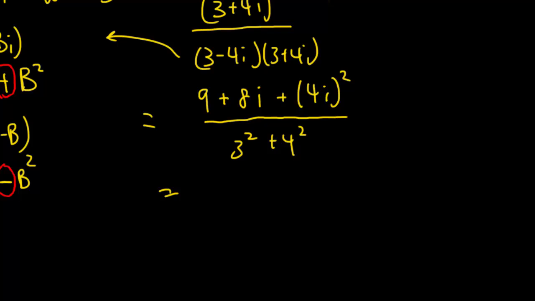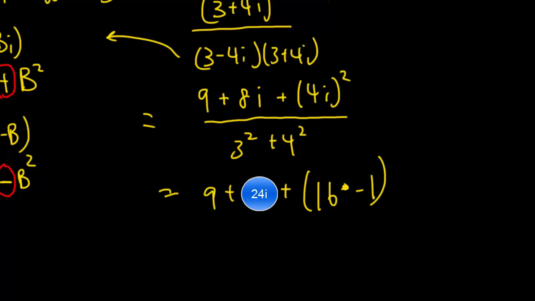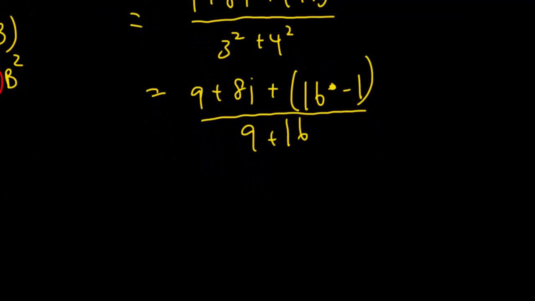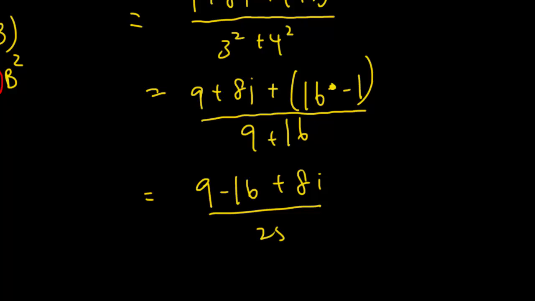So that will be 9 plus 24i plus 16 times negative 1, over 9 plus 16. So that will be 9 minus 16 plus 24i over 25, which equals negative 7 plus 24i over 25.